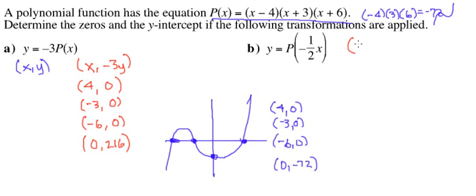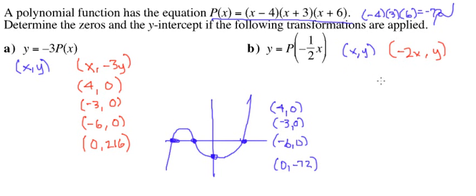So our transformed points, if we had an original point that was (x, y), afterwards, our y-coordinate is going to be exactly the same because horizontal stuff doesn't affect the y, but our x's are going to get multiplied by -2. Negative because of the reflection, 2 because this is actually a factor of 2.